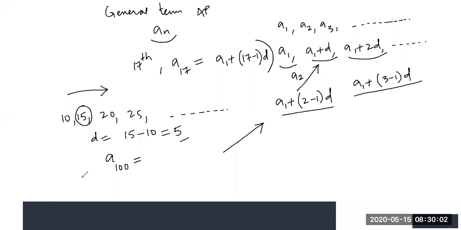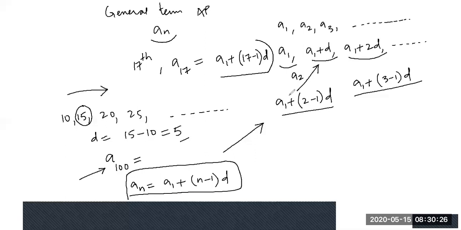Normally if you find 25, then 30, then 35, you might take 1 hour or 2 hours to reach the 100th term. But applying this formula, the general term AN is A1, first term, plus N minus 1 into D. This is the general term we got by this observation.